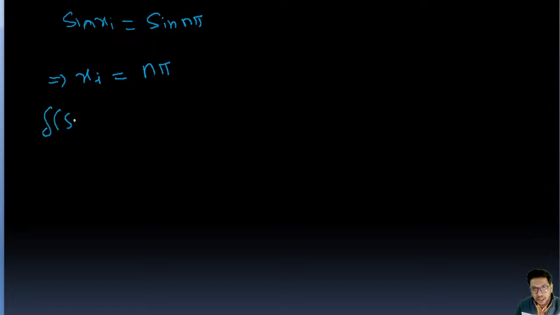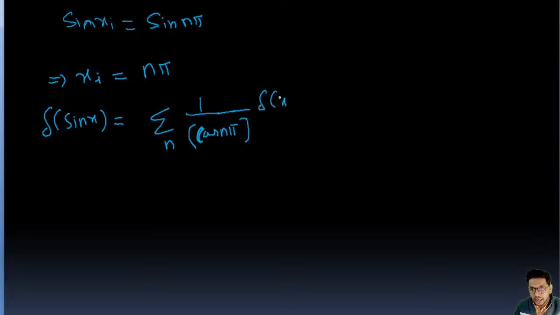So delta sin x is going to be the sum over n of 1 upon mod cos n pi, where we put the value of xi, times delta x minus xi.